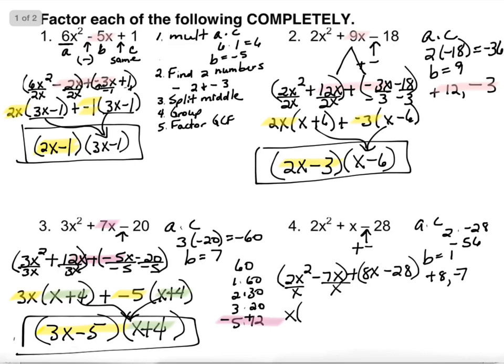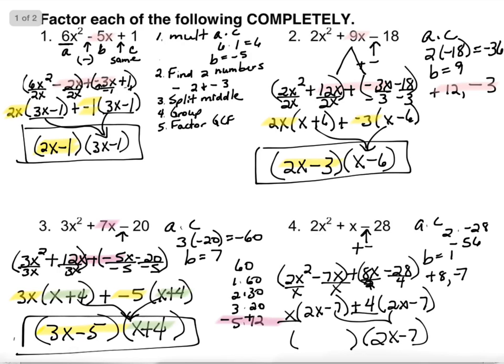So factor out an x, and that leaves you with 2x minus 7 plus 4, and that leaves you with 2x minus 7. And so again, one of your factors is what's in parentheses, and the other one is the numbers in front right here, x plus 4. And that's how you factor by grouping.